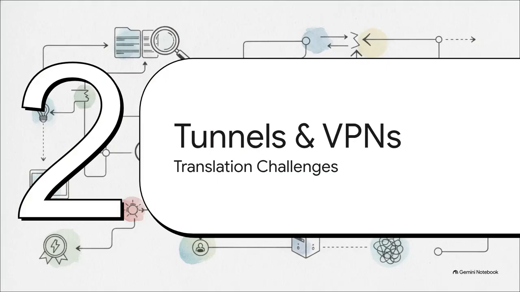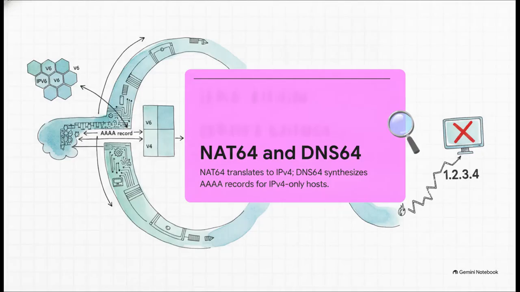Moving to Section 5, let's talk about tunnels, VPNs, and translation. As we bridge the IPv4 and IPv6 worlds, we're seeing some new failure points emerge, specifically with NAT64 and DNS64. Now, these technologies are vital bridges.